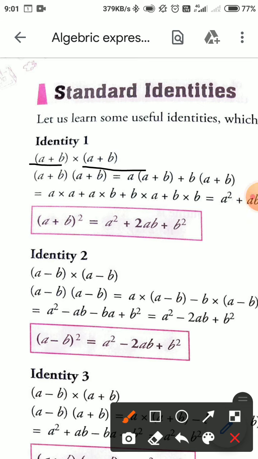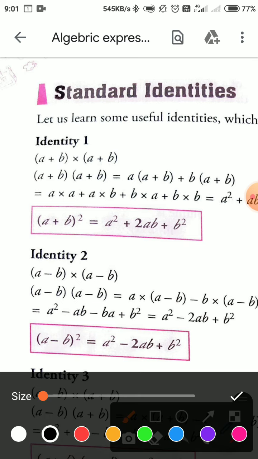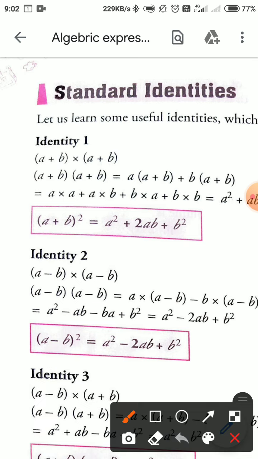First, you will multiply this a with a plus b, and then you will multiply this plus b with this a plus b, and in this way you will get a square plus ab plus ba plus b square.